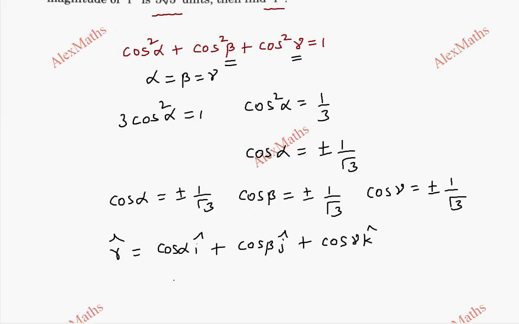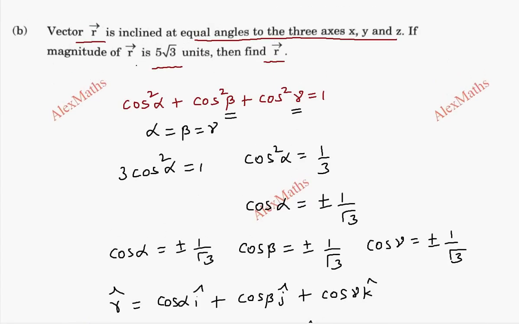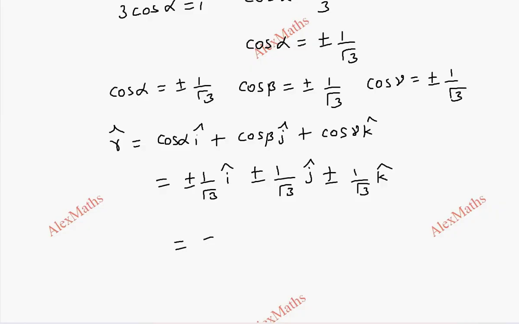So this will be plus or minus 1 by root 3 i cap plus or minus 1 by root 3 j cap plus or minus 1 by root 3 k cap. And since the vector r vector is having 5 root 3 as the magnitude, we will multiply 5 root 3 with this unit vector, and that will be our r vector.